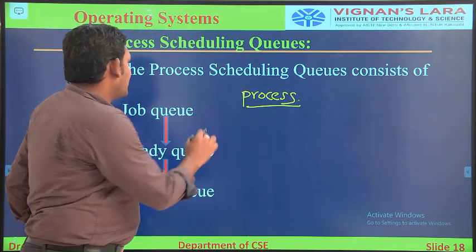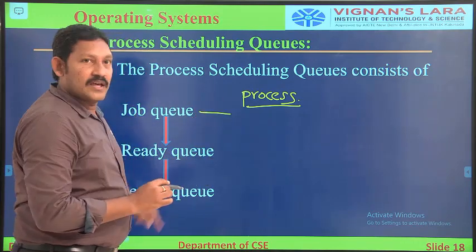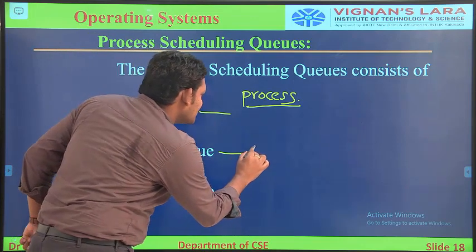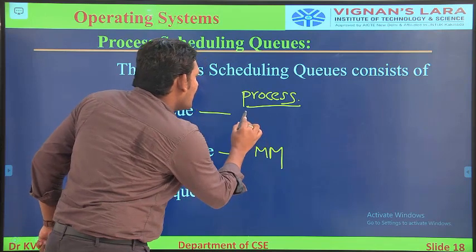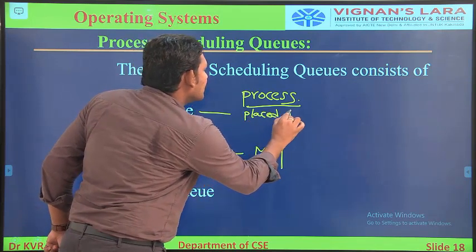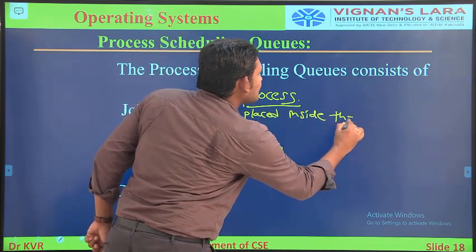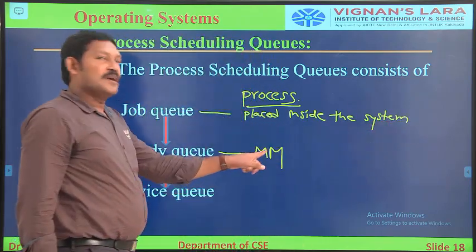First, here all the set of processes will be available, and here all the processes which are ready to execute, which are placed inside the system, all the processes which are kept in the main memory.